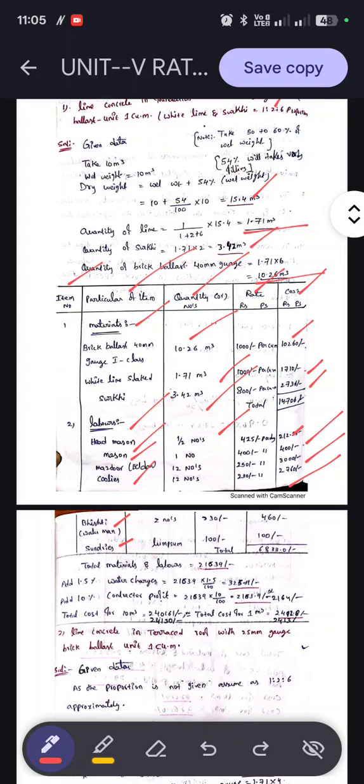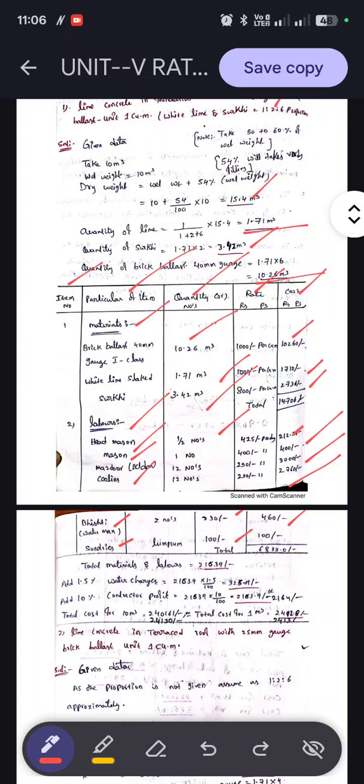Next, waterman or bhisti, number 2, per day cost 230 rupees, so 2 into 230 is 460 rupees. Next, sundries. Sundries are all the small spending, tea, coffee, anything like that. That is a lump sum, approximately 100 rupees.